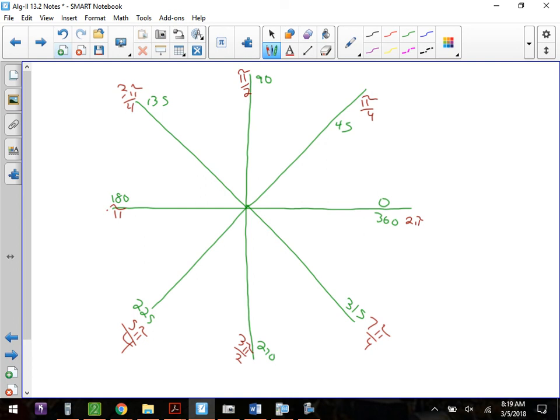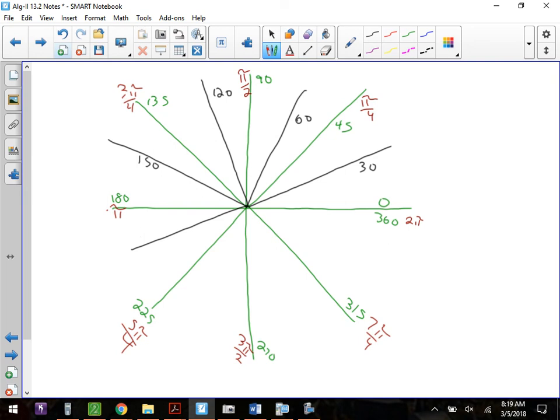So if I go a third of 90, and if I go up 30 degrees, add 30 degrees, add 30 degrees, guys, and all I'm doing is adding 30 degrees all the way around. 180, 210, 240, 270, 300, 330, 360.